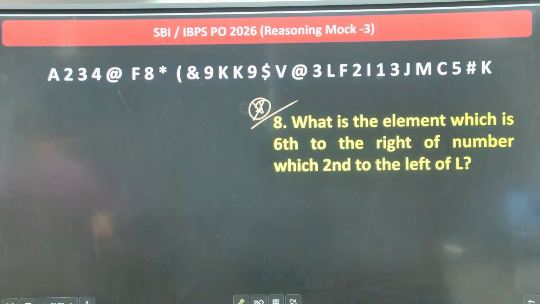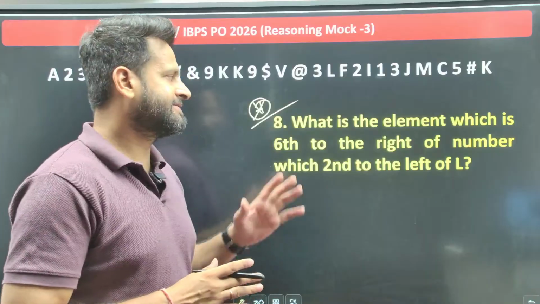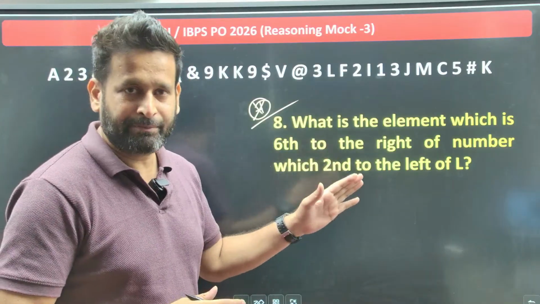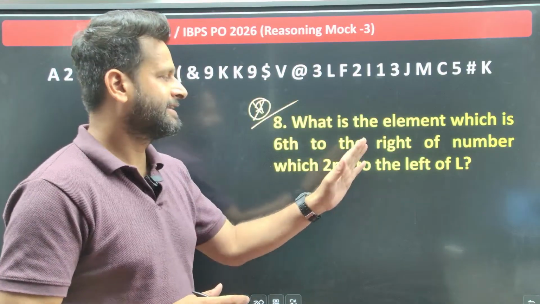Take 20 seconds maximum. What is the element which is 6 to the right of the number which is second left of L?